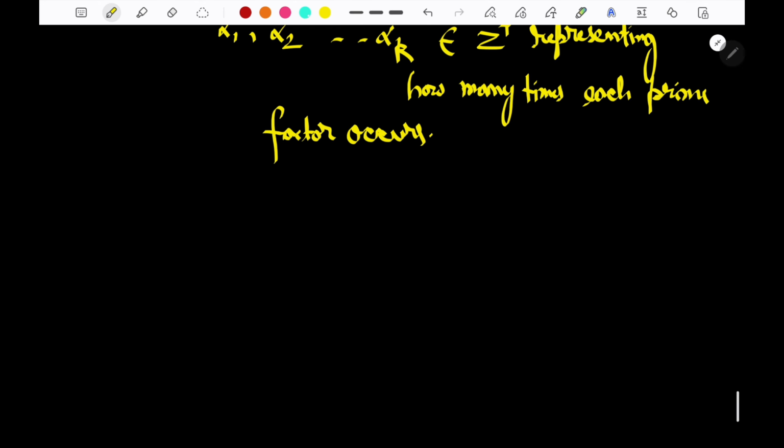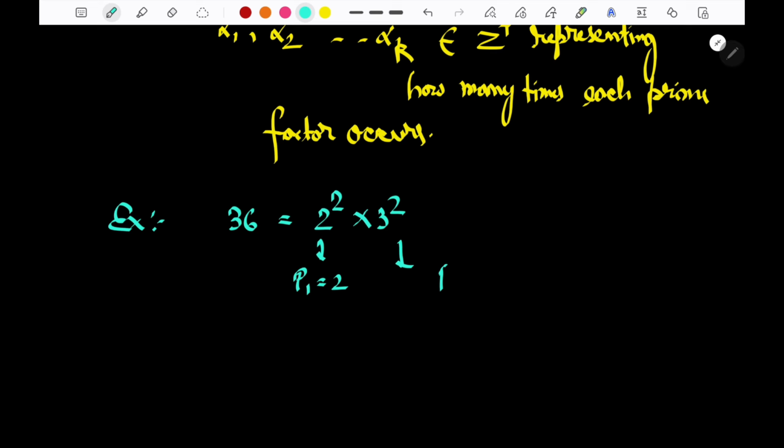For example, if you didn't understand, take 36. 36 can be written as 9 into 4, that is 2 squared into 3 squared. So let's say p1 is equal to 2, p2 is equal to 3, alpha 1 is equal to 2, and alpha 2 is equal to 2. So this is about 36. Now we cannot express 36 using any other prime factors.